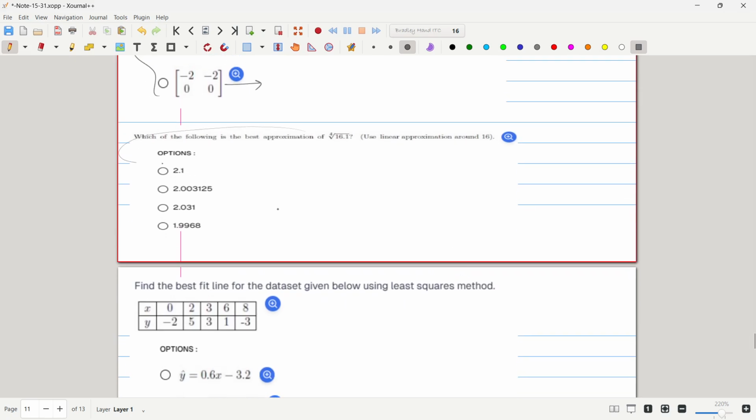Which of the following is the best approximation? In this type of question, you don't need to worry about that formula, L(x) equal to f of x. You just need to find the fourth root of 16.1.